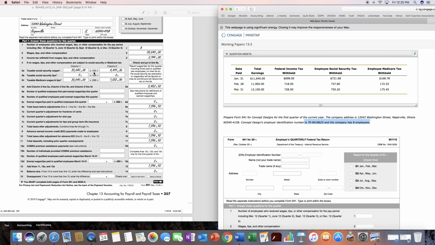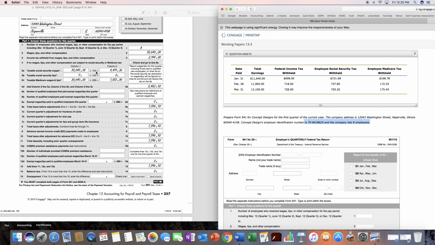Because we have to pay Social Security and Medicare, both employee and employer has to match it. So instead of the 0.062 tax, we are multiplying our total quarter taxable earnings times 0.124.